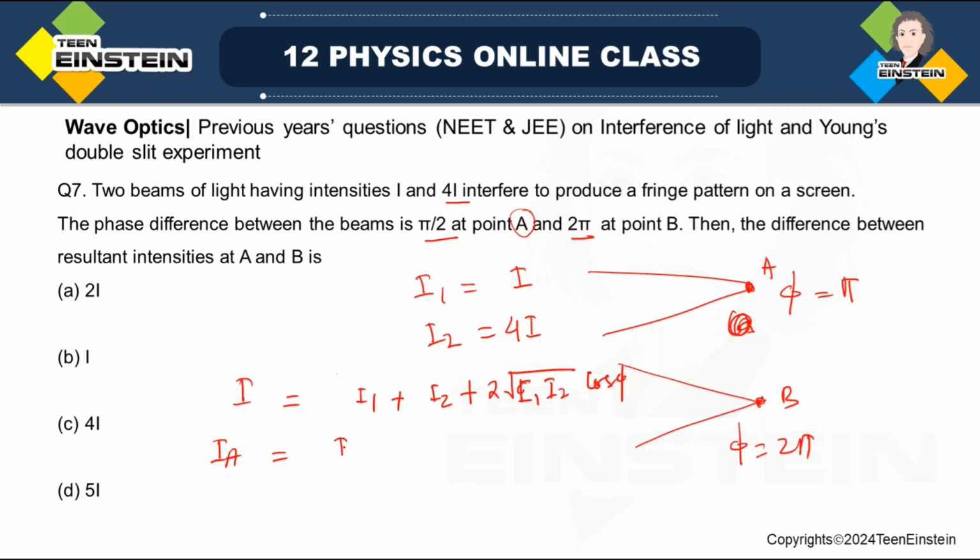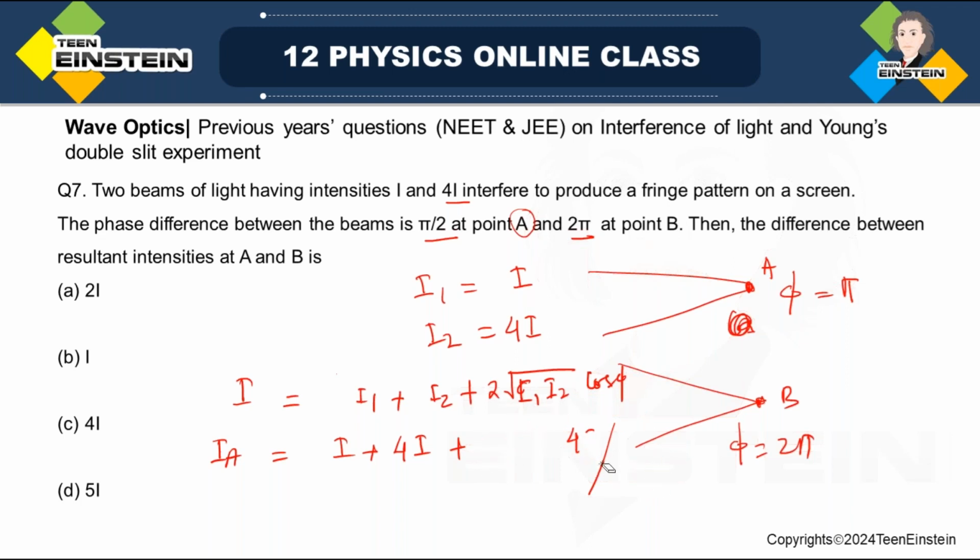So I1 is I, I2 is 4I, plus 2 into root of I times 4I, and along with that cos phi, which here is cos pi by 2. Cos pi by 2 is 0, so this term will not be there at the place of A.